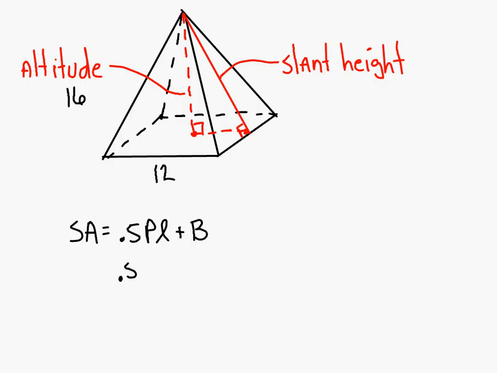So 0.5 times perimeter of the base. It's a square pyramid. So what would the perimeter of the base be? 48. Good.